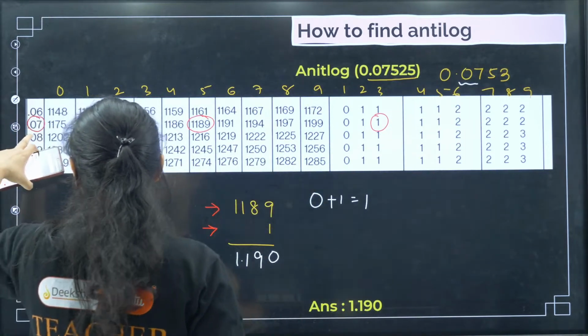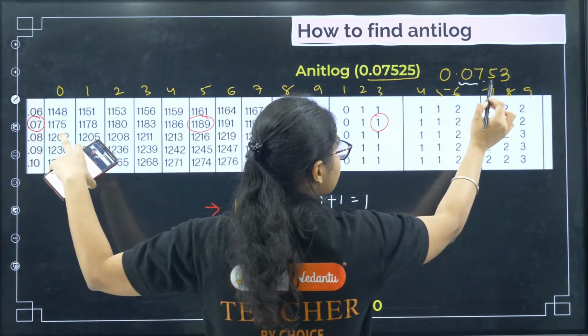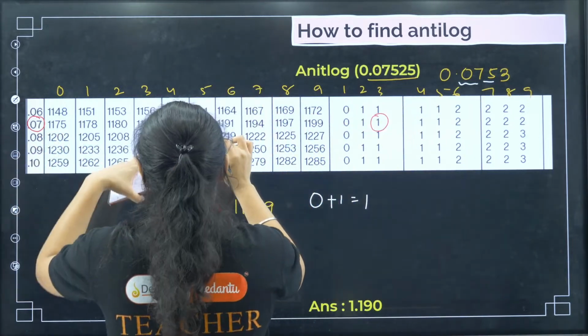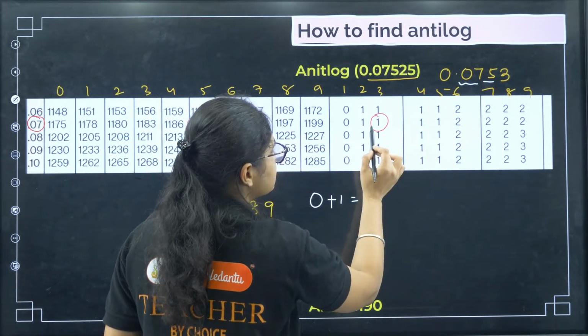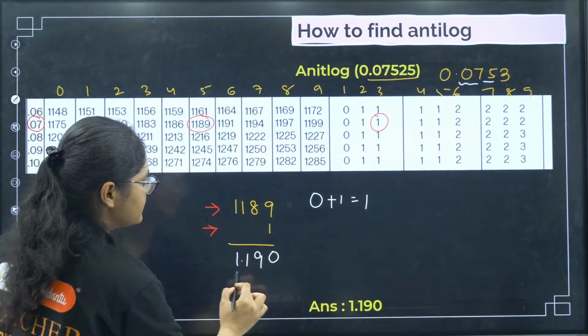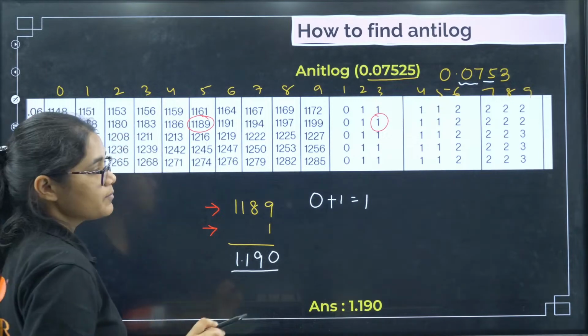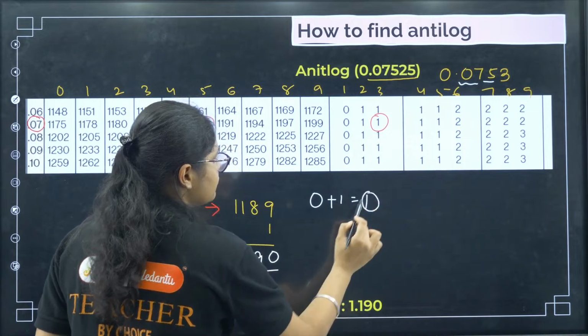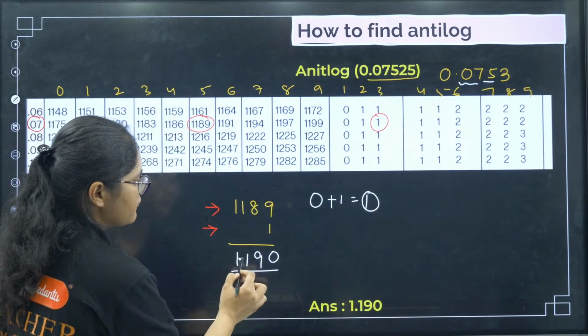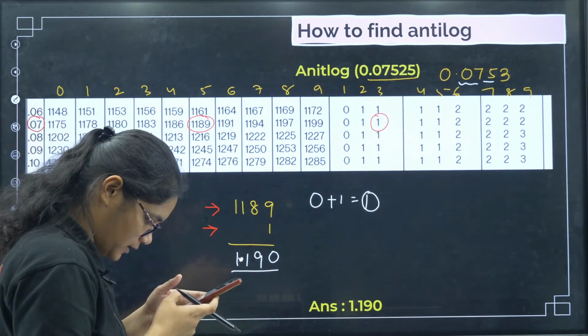You can see here there is 0.07. Next I have 5. So here this is the number 1189. Then I have 3 also. So that is giving me 1 value. I will add this one. I'll get 1190. Then before the decimal it is 0. 0 plus 1 is 1. So just put 1 after one number. So we will get 1.19.